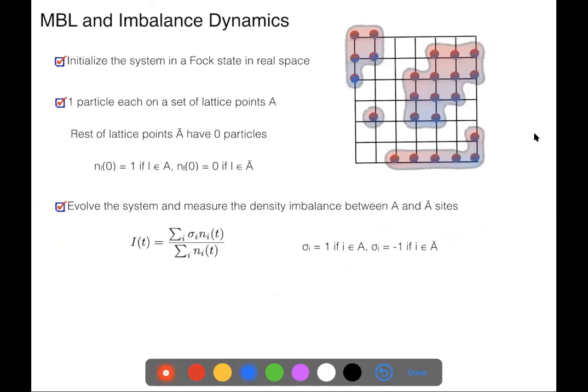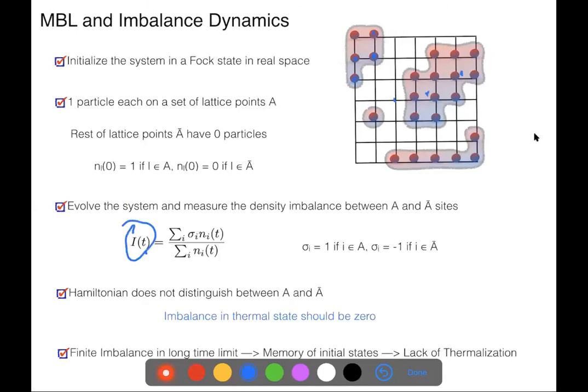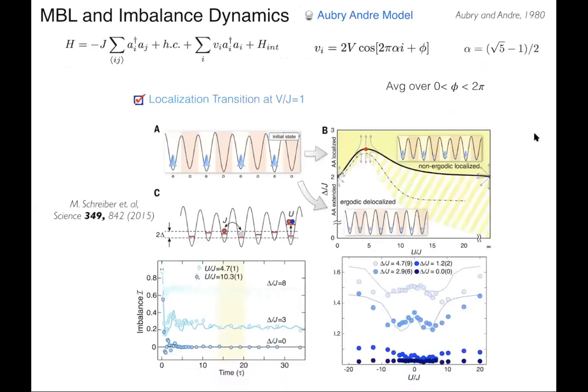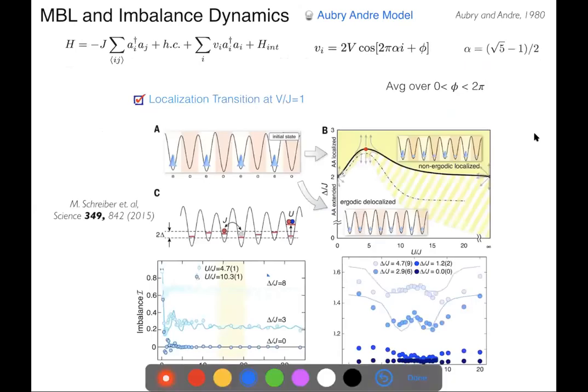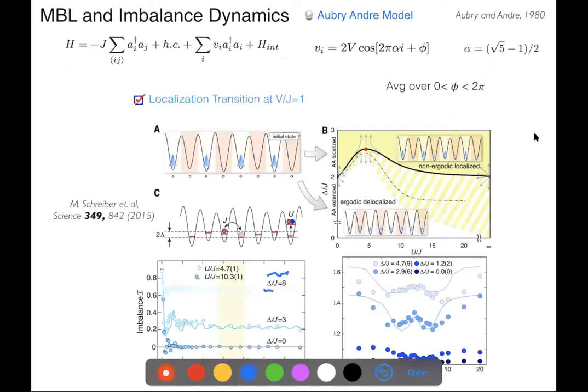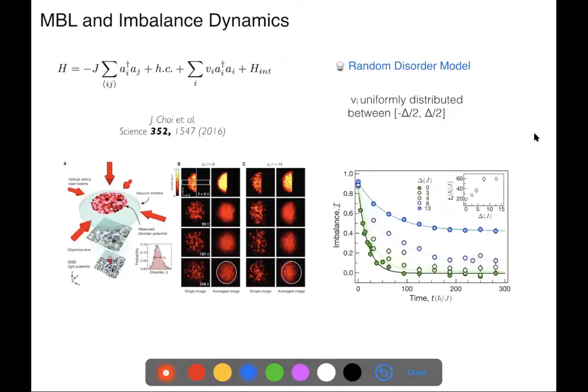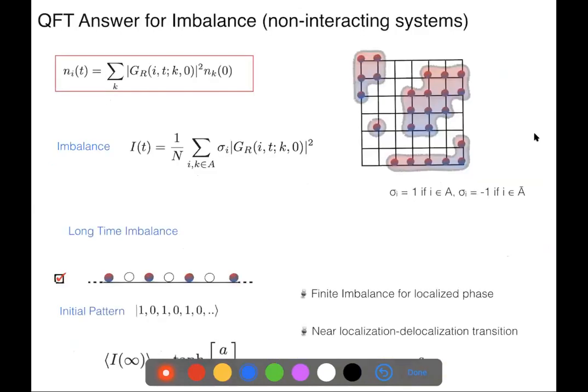The Hamiltonian does not distinguish between these two. And they keep on measuring whether the system has thermalized; the density in these A and A bar sites would be the same. If not, it will be different. So they measure the difference as an imbalance. And just to show you one data set, delta is some disorder strength. At very high disorder, you see that it goes to a finite value. At 0 disorder, it goes to 0. So you can actually experimentally see MBL, not in terms of many eigenstates, but in terms of something else.